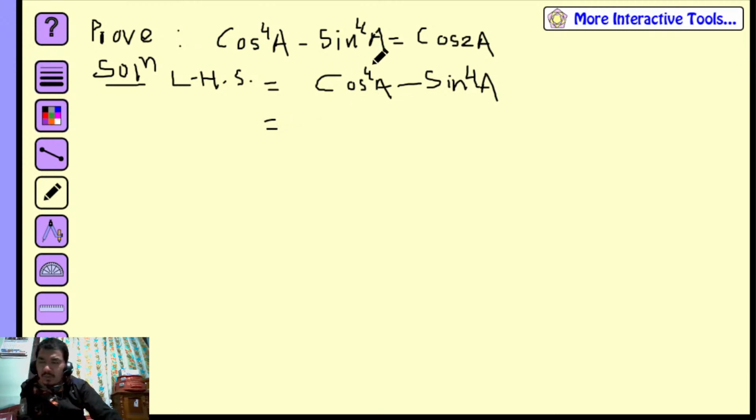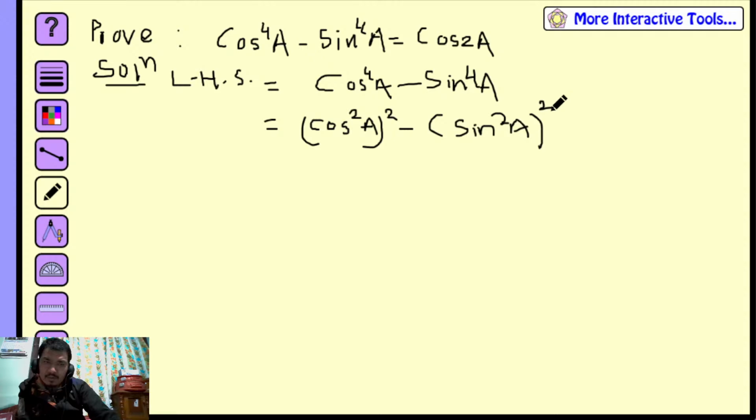Can you express them in square? Write here, cos square a, then whole square, minus sine square a, again whole square, okay?